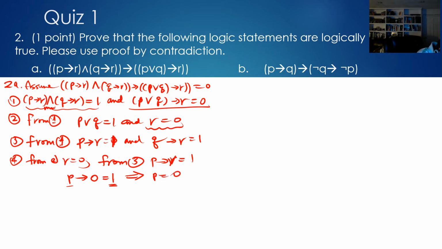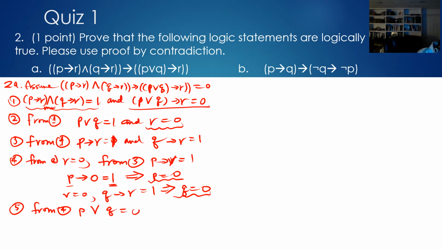And similarly, because also R is 0 and Q implies R is 1, that means Q must be 0, right? So now we got P equals 0, Q equals 0, and then I can say from 4, P or Q equals 0 or 0, which is 0, right?